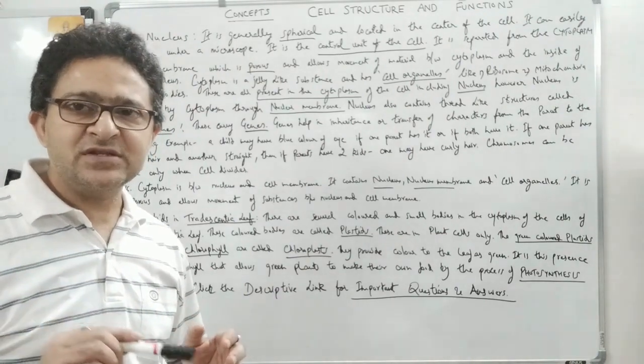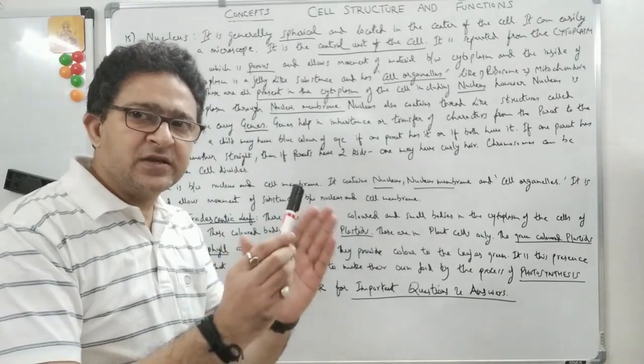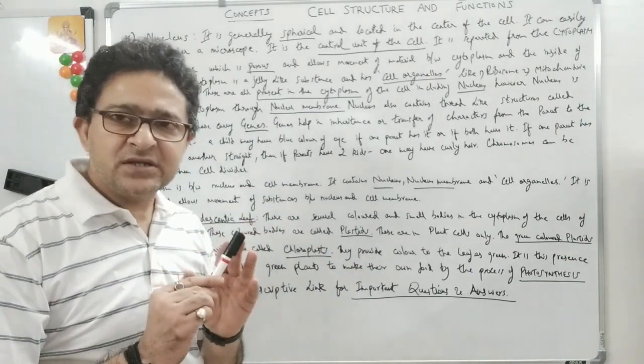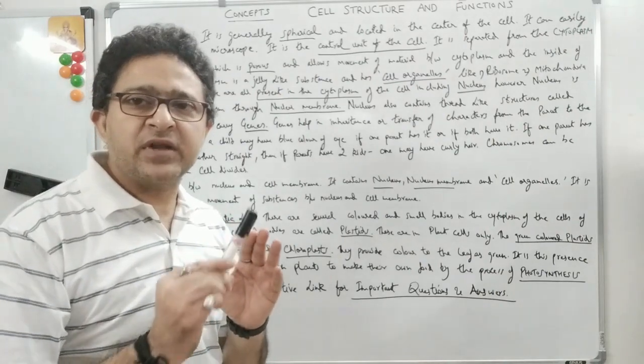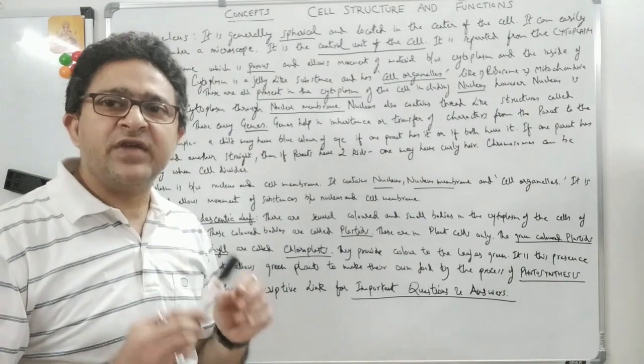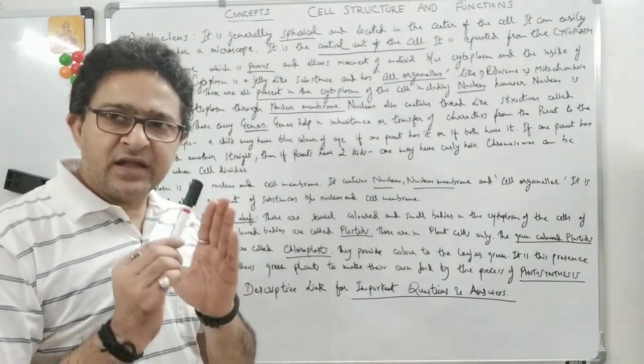So what exactly happens? First there is a cell membrane, then there is a cytoplasm, then there is a nucleus. The nucleus has a nuclear membrane. So the nucleus with a well-defined nuclear membrane is the case with eukaryotic cells. Then there is a cytoplasm, and then there is a cell membrane.